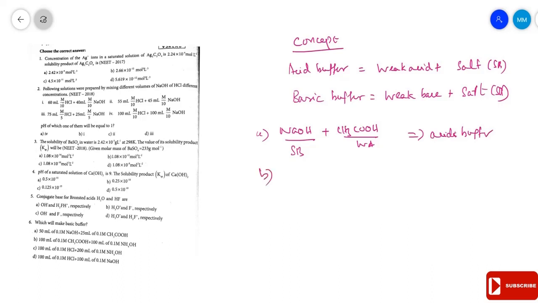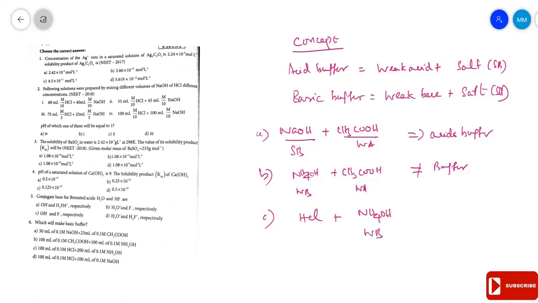And B is the combination of acetic acid and ammonium hydroxide. It is a weak acid and a weak base, so it is not a buffer solution. For a buffer solution, one of the components should be weak and the other strong. The third one is hydrochloric acid and ammonium hydroxide.